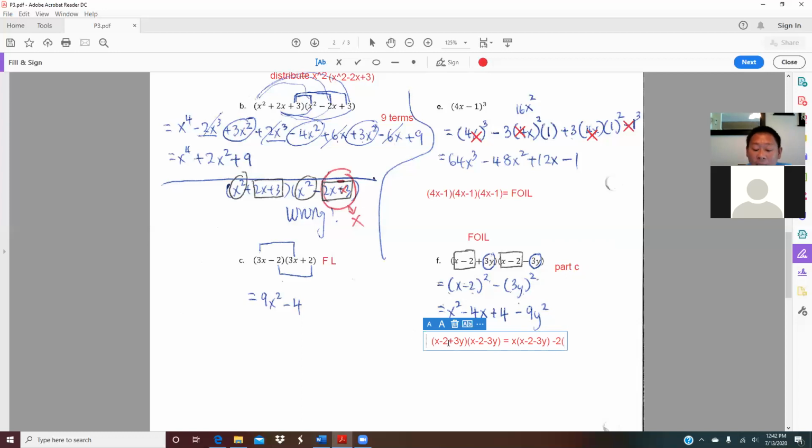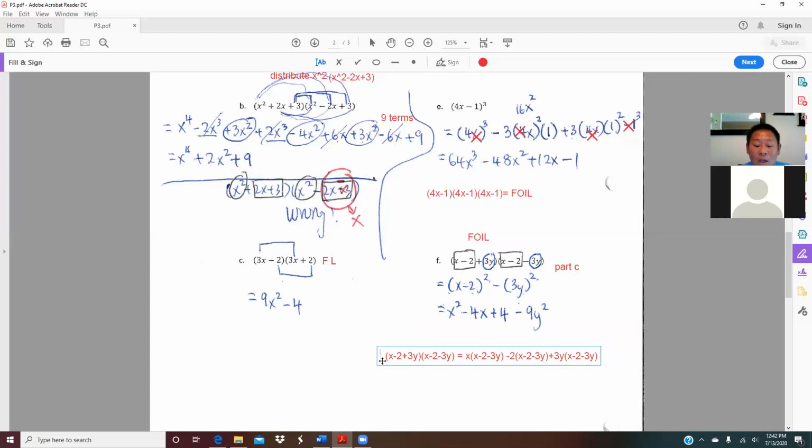So you just take this x term, multiply it to all this, and then you take the negative 2, multiply it to the same thing, x minus 2 minus 3y, and then you take the positive 3y, and multiply it to the rest of it.